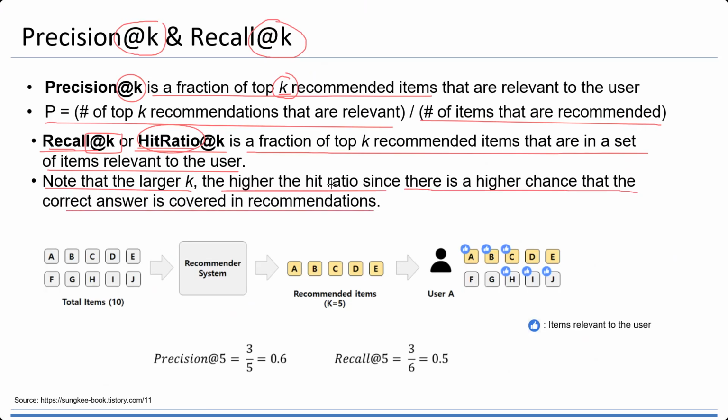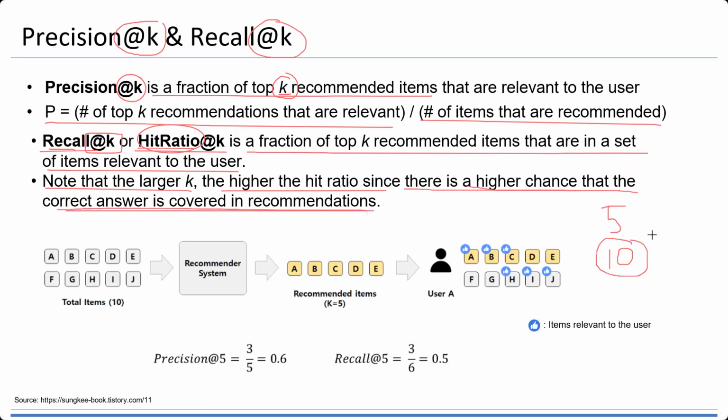So if I recommend 5 items, and if you recommend 10 items, which one is better? If you recommend 10 items, there is a higher chance the correct answer is covered by the recommendation.